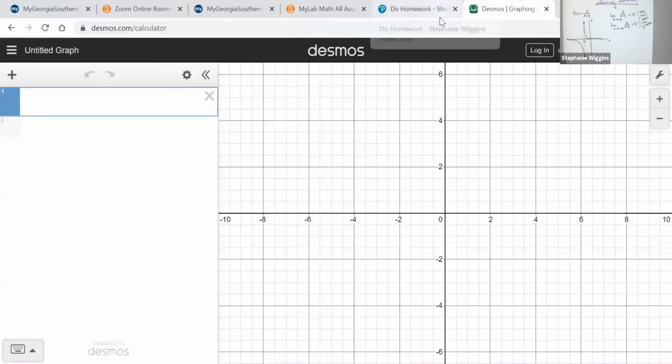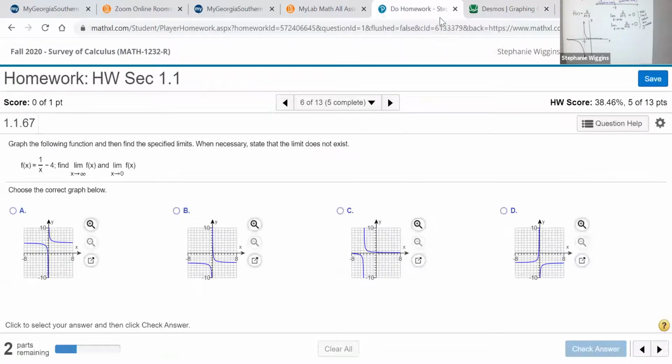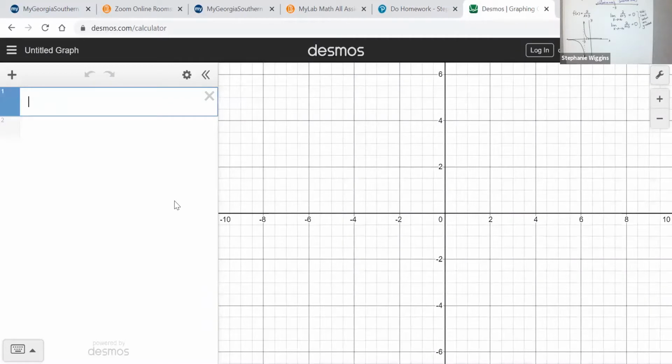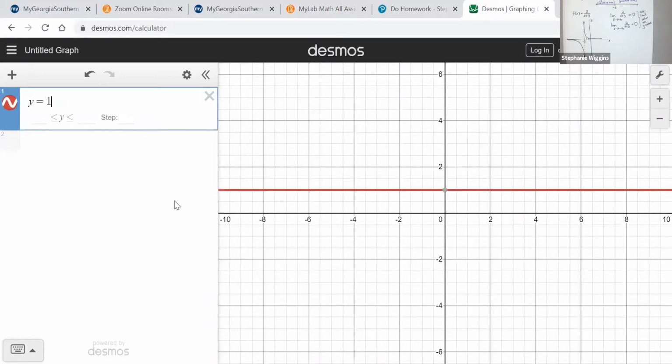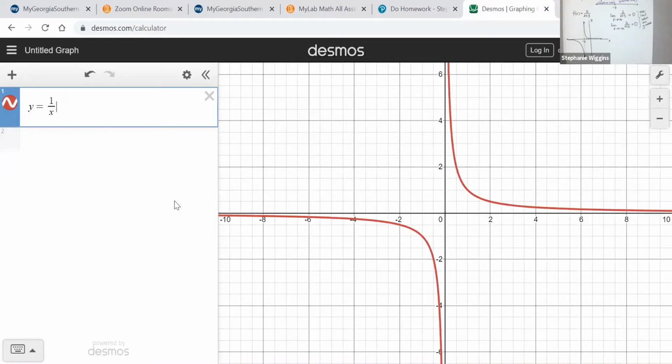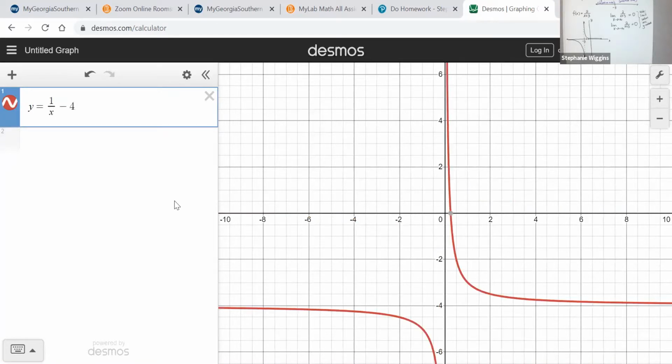What was that function? Hold on. 1 over x minus 4. So f of x, which is y, equals 1 over x minus 4. So there you can see the graph. And what happens is this is a hyperbola.